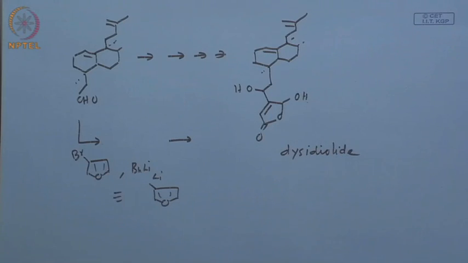Actually it goes to this. Most of the natural products containing furan are 3 substituted, and there is an obvious reason. If you look at the isoprenoids and convert an isoprenoid into the corresponding furan, automatically the substituents become the 3 substituents.